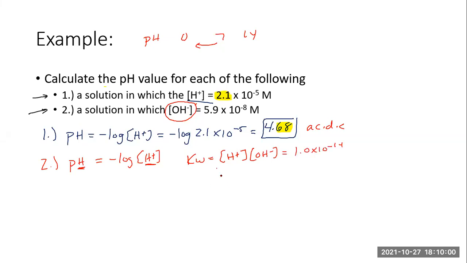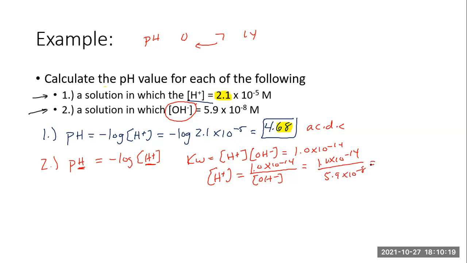So the H plus concentration would equal 1 times 10 to the minus 14, which is our KW value, divided by the OH minus concentration, 5.9 times 10 to the minus 8.